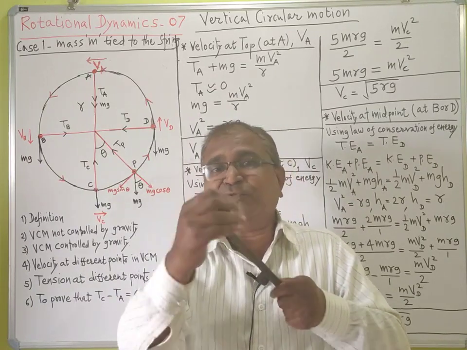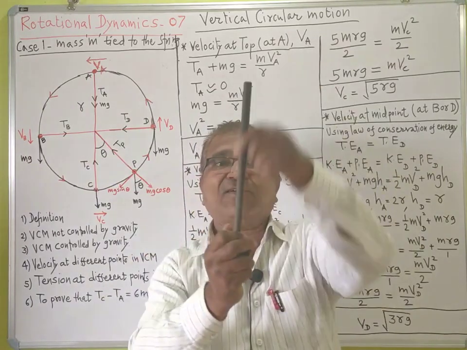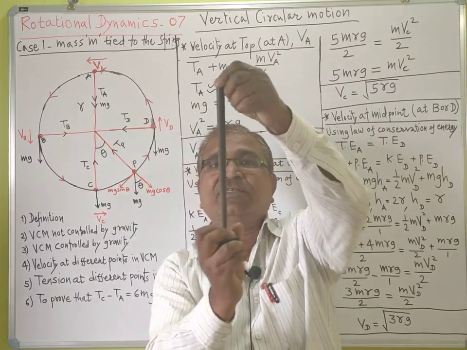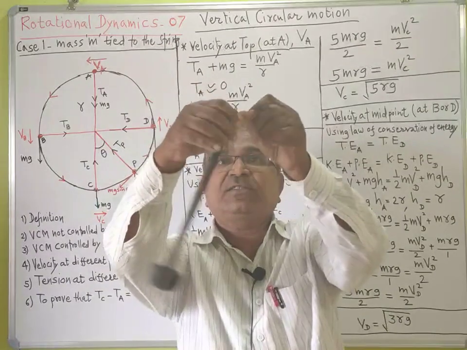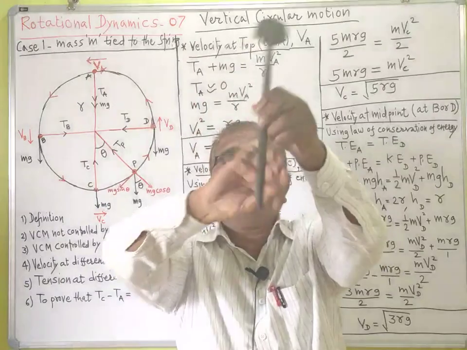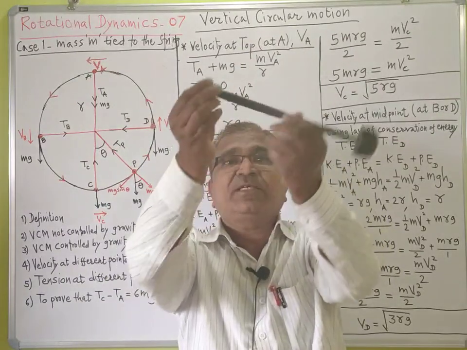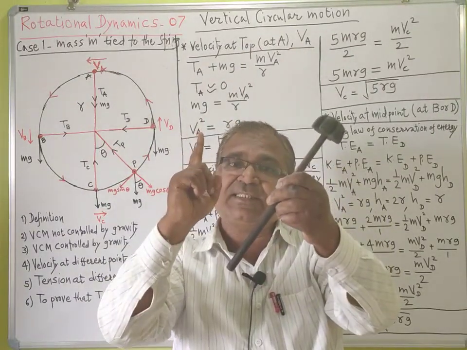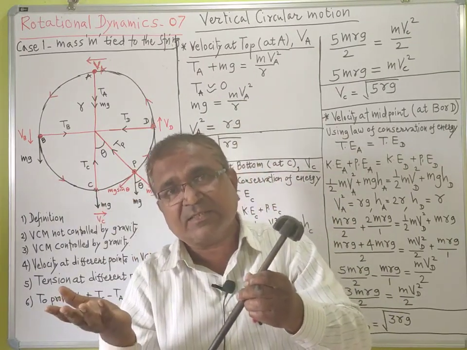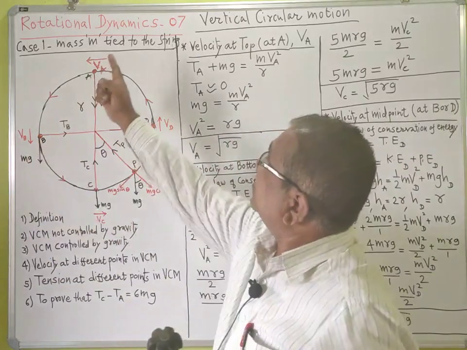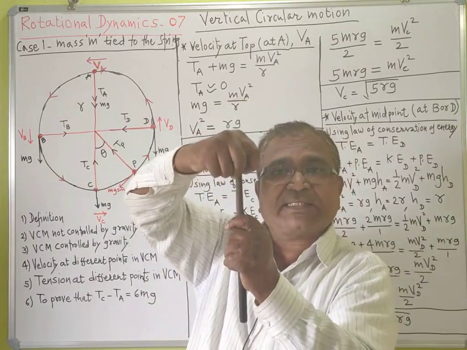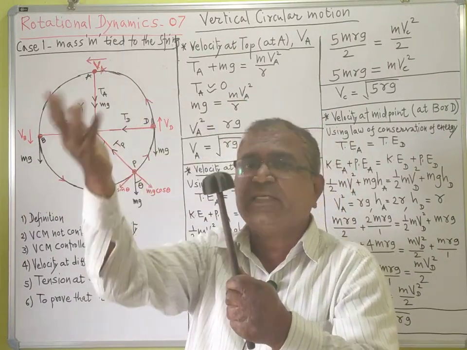Mind well, suppose this is a mass and this is a rod like this, and the mass is tied to the rod, and the rod is rotating like this in a vertical plane. So this is case number two that we want to learn in the next lecture. Case number two is mass m tied to the rod.